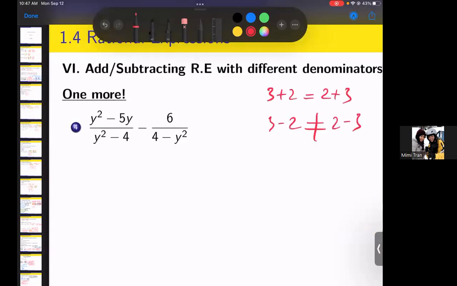So it's not commutative. If you have y squared minus 4, it's not the same thing as 4 minus y squared. So if I was you, I would change this into the same thing as this one.